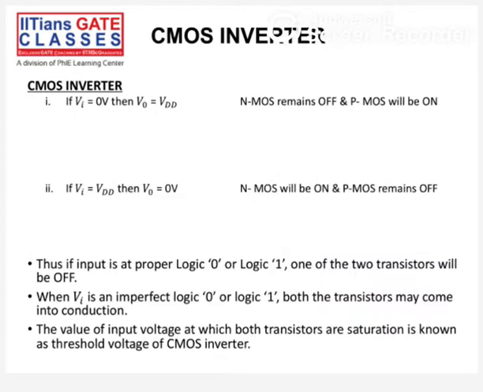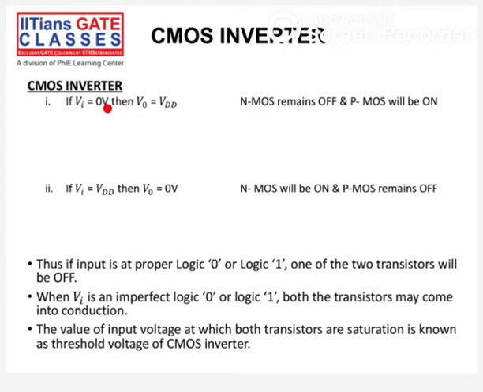Now we'll come to the next point, that is we'll consider something in CMOS. Suppose we take Vi is 0, that input voltage is 0. In that case, we get V output as VDD. How is it?